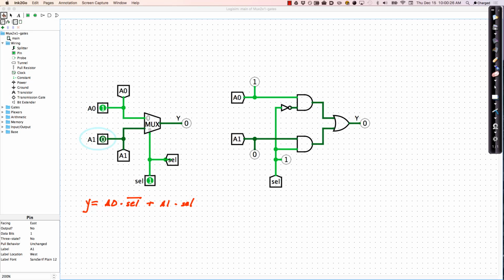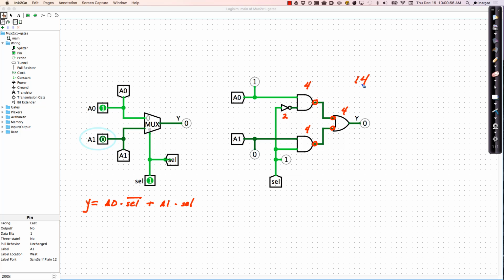The number of transistors required for this multiplexer, of course, can be economized by using NAND gates instead of AND and OR. Then each 2-input NAND requires 4 transistors, and this inverter requires 2, for a total of 14 transistors.